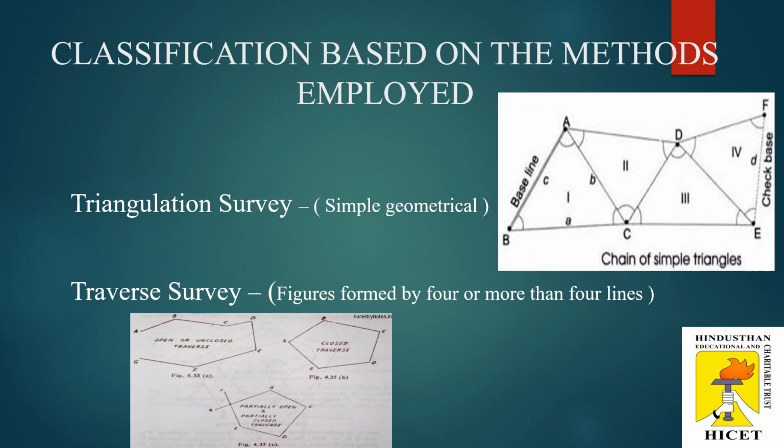First one is open or unclosed traverse. Second one you can see closed traverse. Third one is partially open and partially closed traverse. With the help of four or more than four lines may contain a single figure, that may be called as traverse survey.